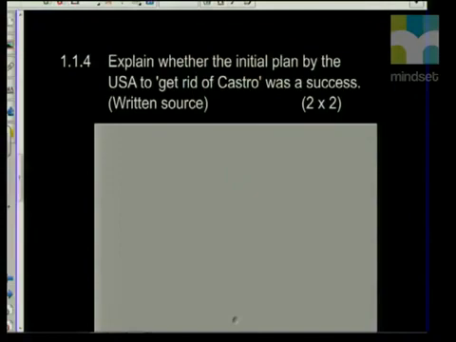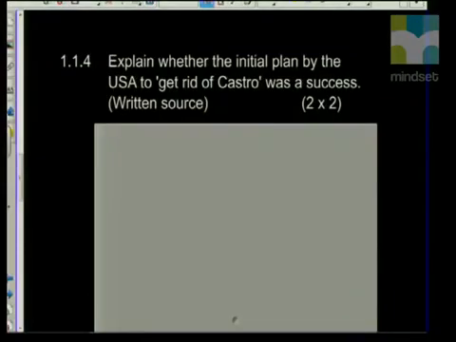And then, moving along, the next question is, explain whether the initial plan by the USA to get rid of Castro was a success. Okay, now this explanation is your own judgment, but it's based on the written source. I'm going to quickly underline the word explain, because those instruction words are very important in history.